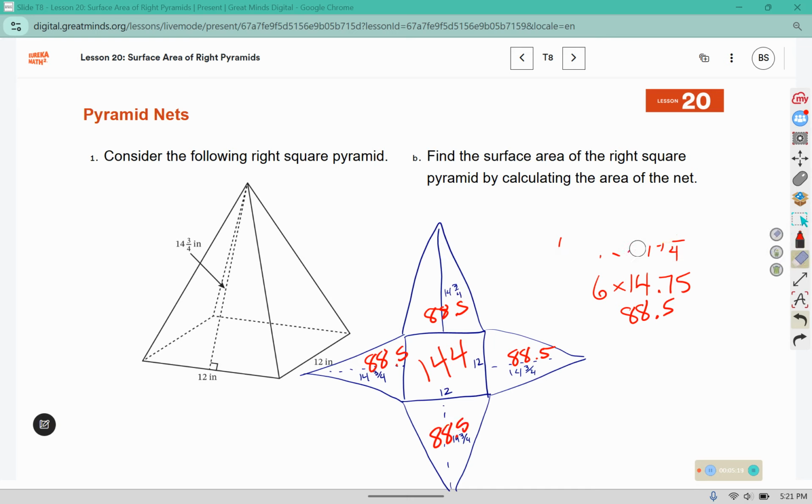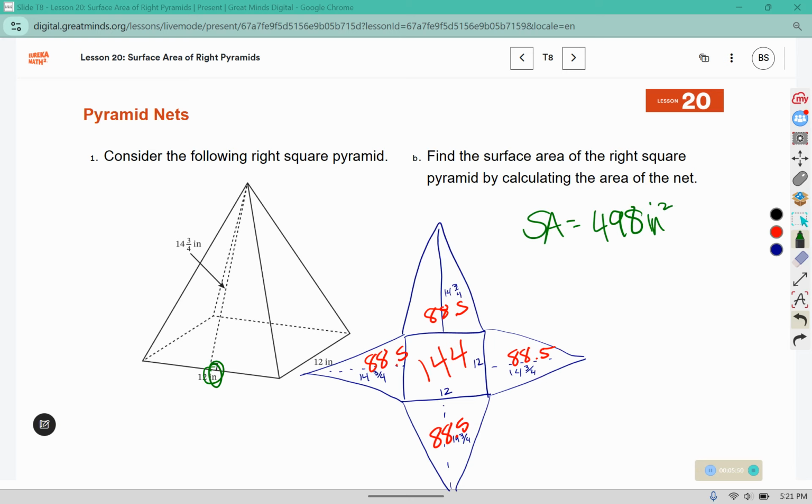Then to find the surface area, we will need to add up all of those values. So we'll add 144 plus 88.5 plus 88.5 plus 88.5 plus 88.5 for a total surface area of 498 inches squared.